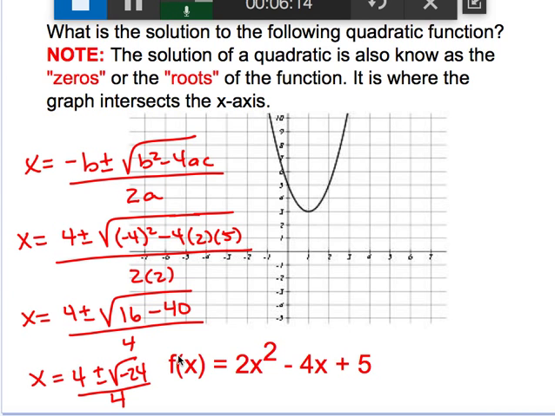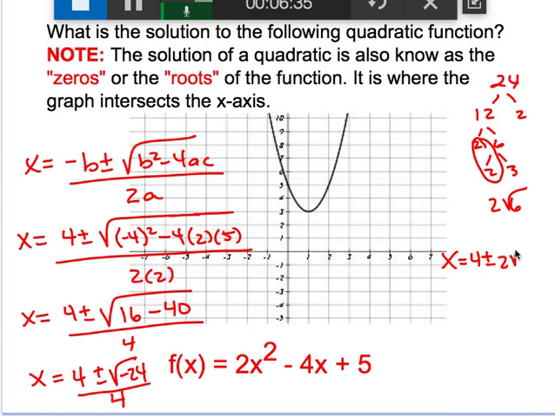You break down the 24, and you have a pair of 2's. And 2 times 3 is 6. So this breaks down to 4 plus or minus 2 square root of 6 all over 4. Oh, forgot my i. Don't forget your i, because whenever there's a negative under the square root, it's going to come out as an i.